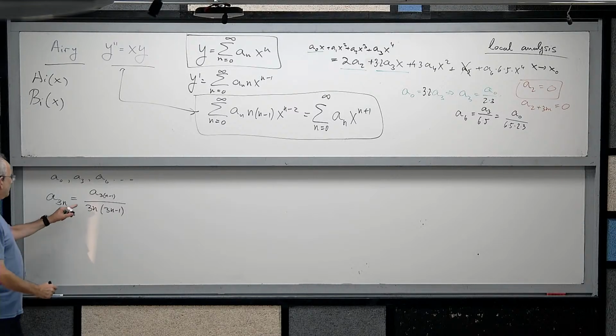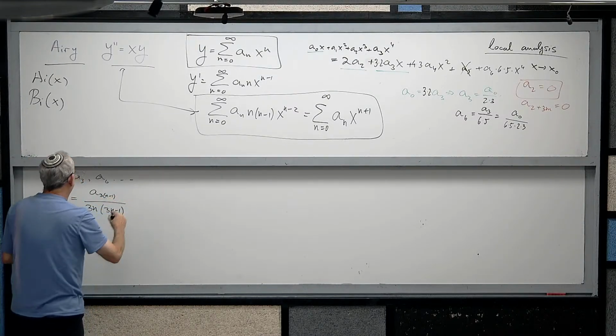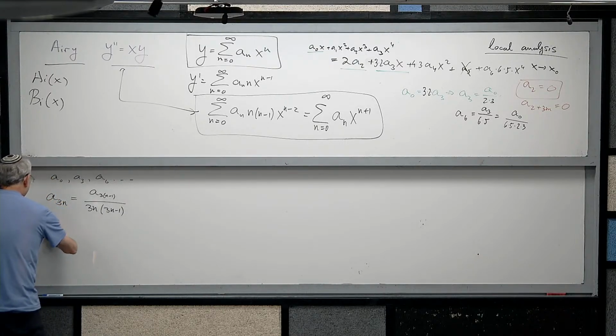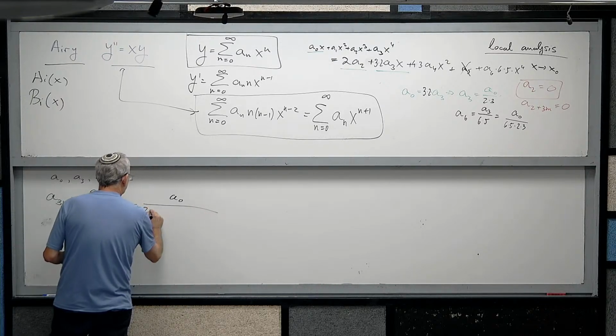Okay? And this implies, if we just generalize it, you see A3, A6, that A3n is A0 divided by 2 times 3.